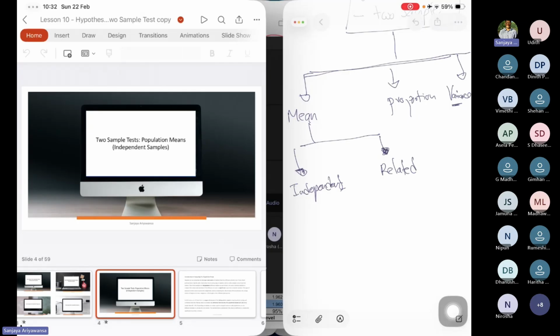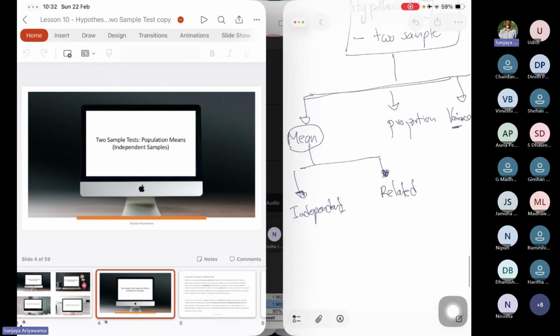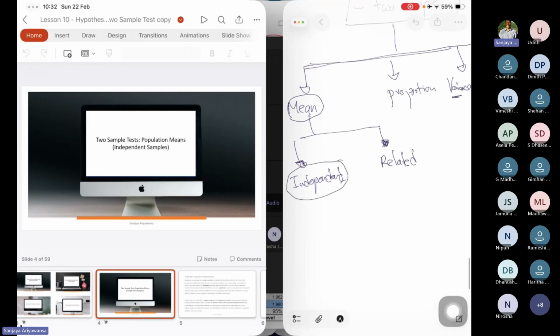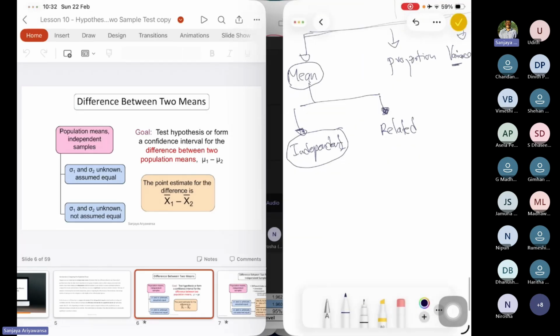So, first, we'll look at the case of population mean, testing hypothesis for two samples in the case of it being independent. In the case of it being independent, we are looking at two subdivisions. One is when sigma 1 and sigma 2 are unknown, but they are equal.